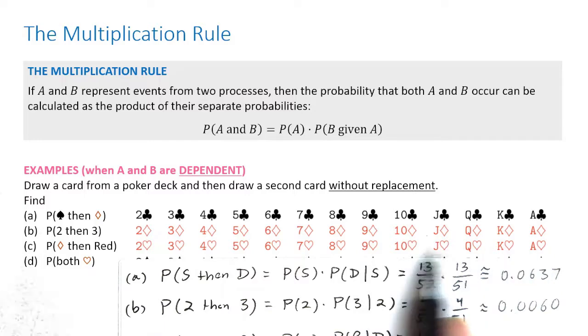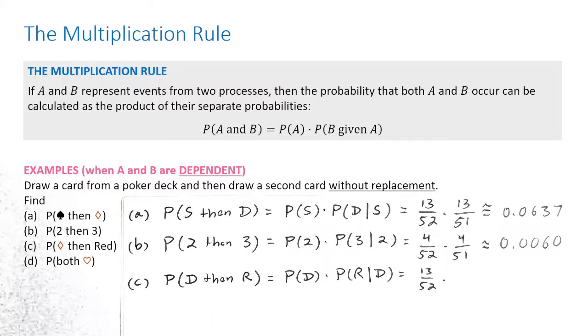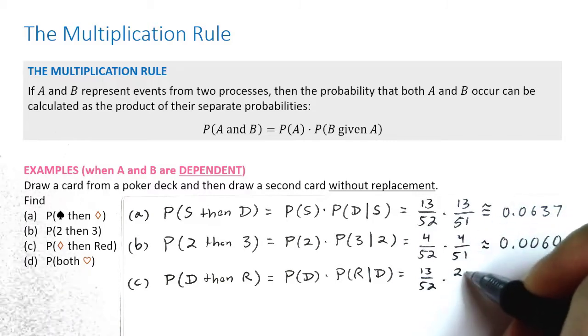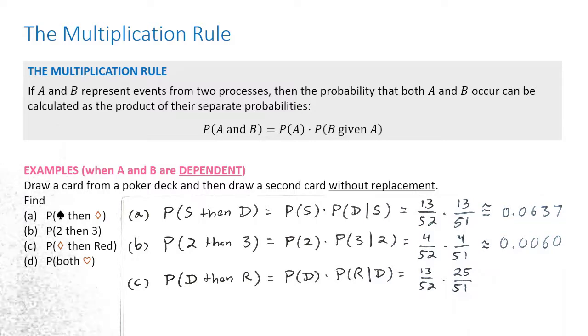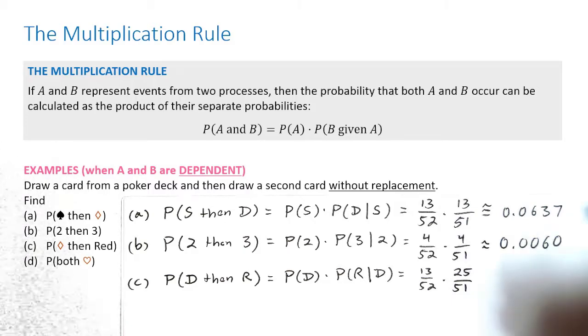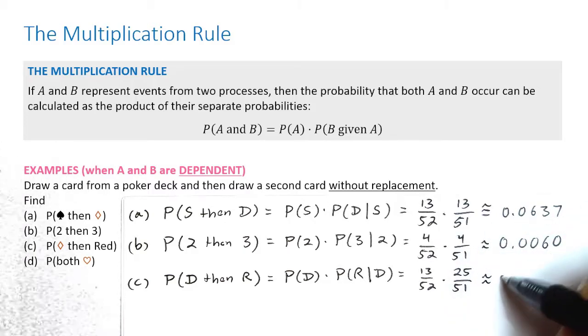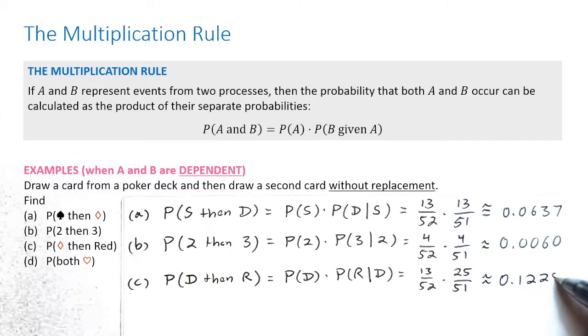So there's 12 of these, and there's 13 hearts, that's 25. There are 25 red cards remaining, not 26. And there's 51 cards in the deck because I've drawn a card. So it has updated both the numerator and the denominator here. And when I compute this, I get approximately 0.1225.